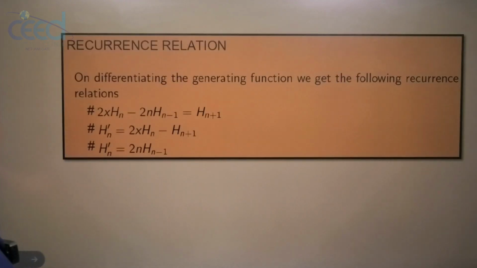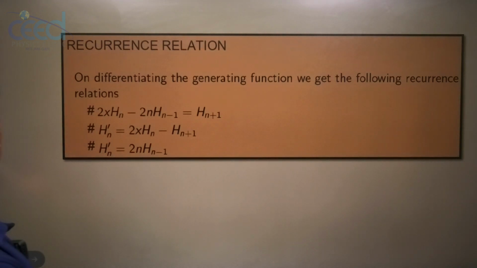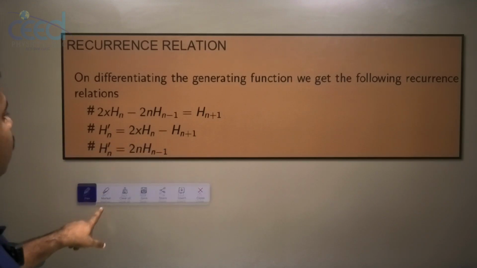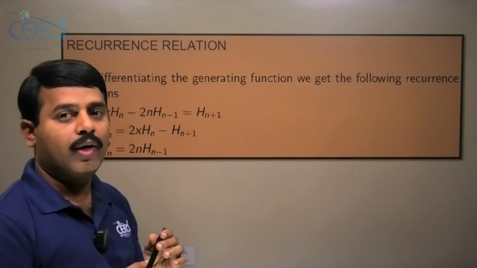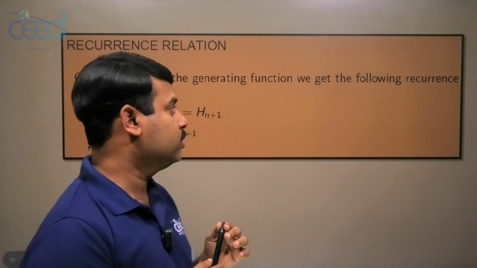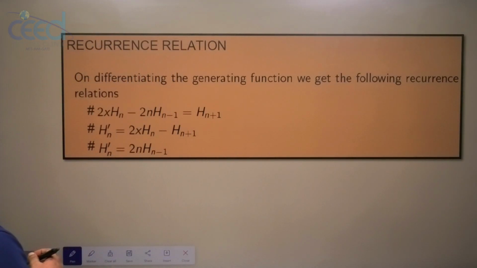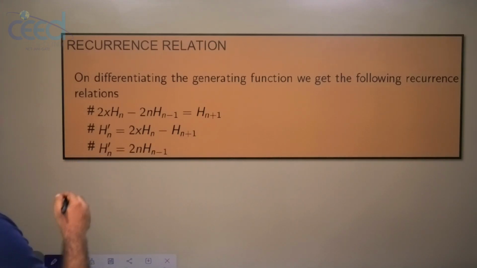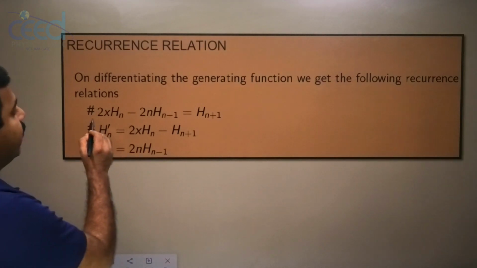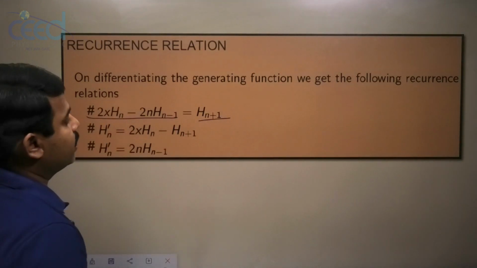Now let us go to the recurrence relation. Recurrence relation means different Hermite polynomials with various indices connected by different formulas. That is actually the recurrence relation. You can verify this also. If this is correct, for any n value it is correct.